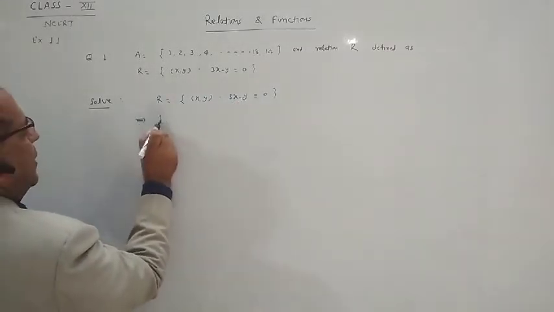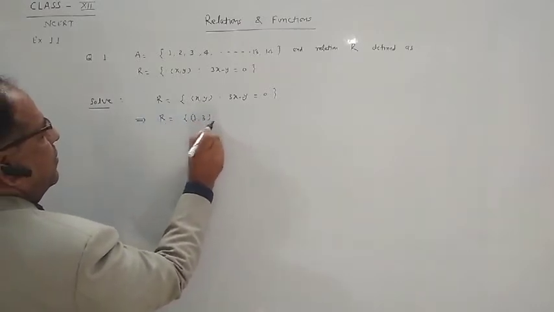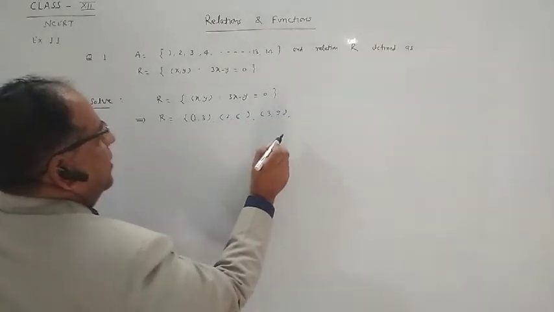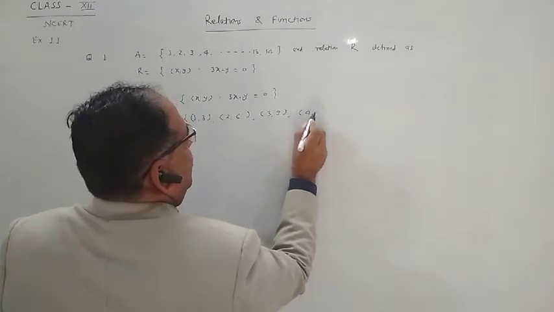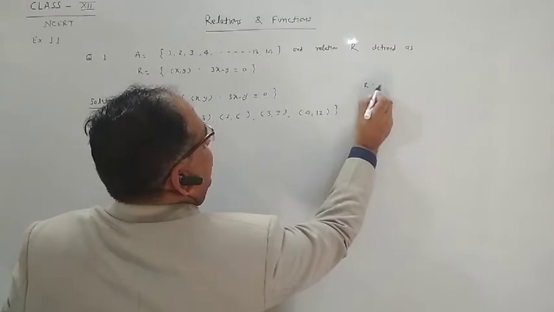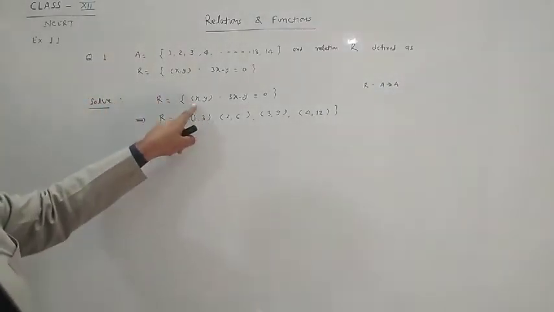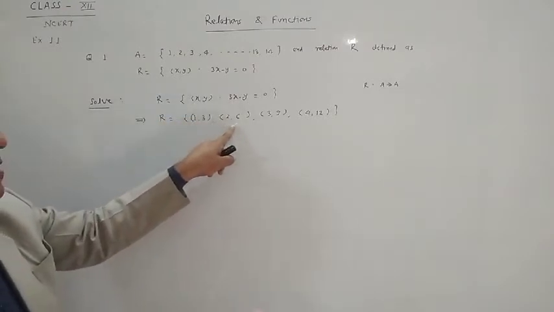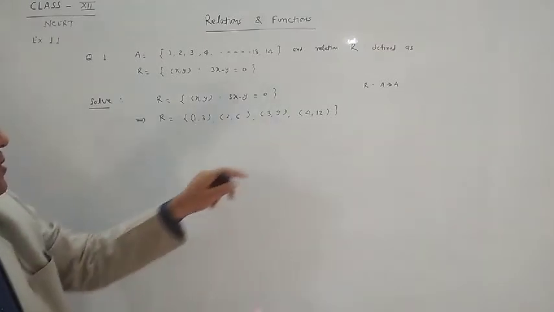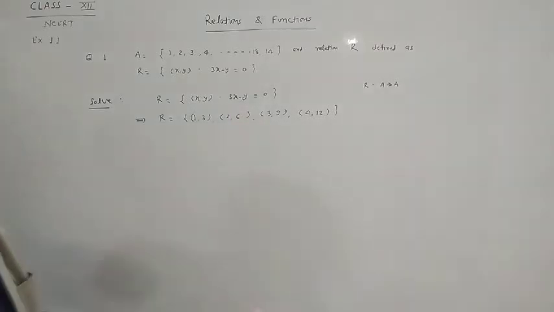So R can be expressed as R equal to {(1, 3), (2, 6), (3, 9), (4, 12)}, because R is defined from the set A to the set A. So this relation can be expressed in roster form, with the elements of R being (1, 3), (2, 6), (3, 9), (4, 12).